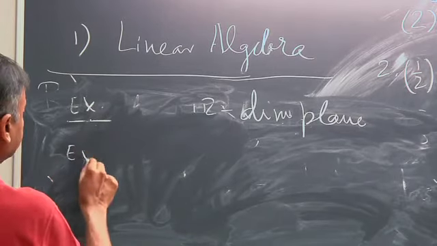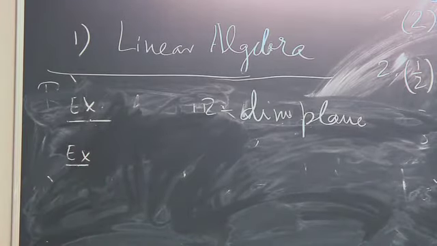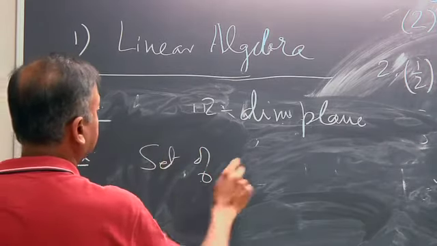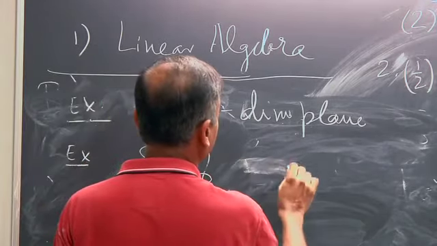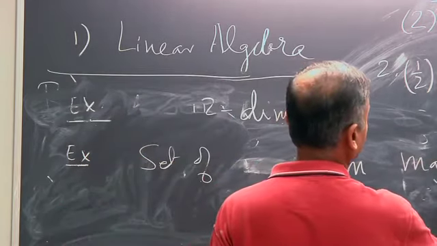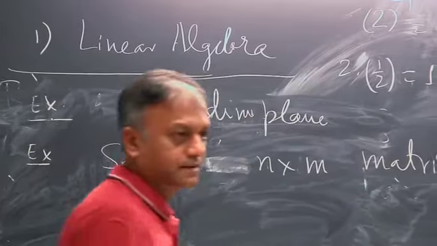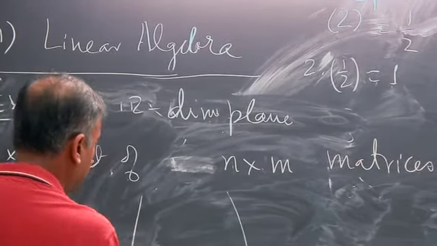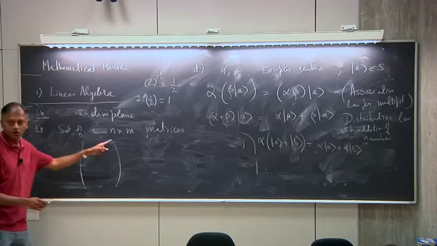Another example is a set of matrices, say n cross m matrices. So you know what an n cross m matrix is? It has n rows and m columns.